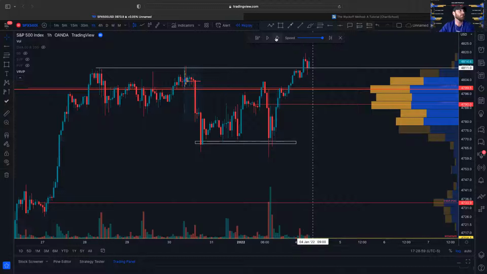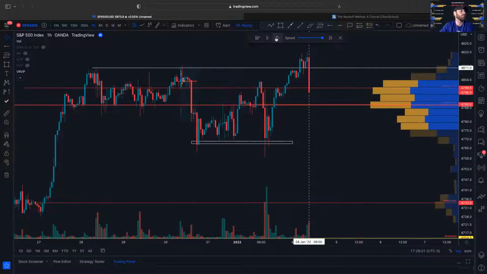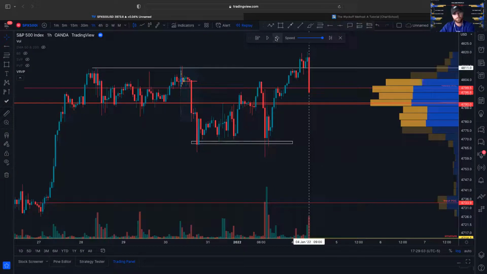So we'll see what happens. So that's called volume divergence, right? At the time we were looking to trade, it would have been sketchy. I don't know if we would have found a position, but we would have read the volume correctly, and we would have said this is fake.